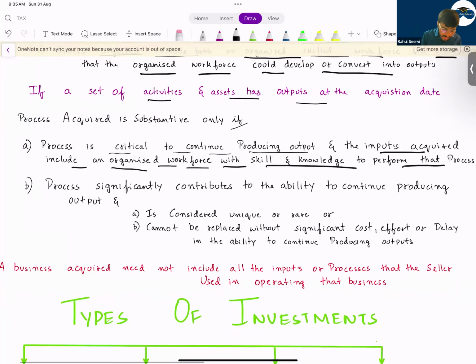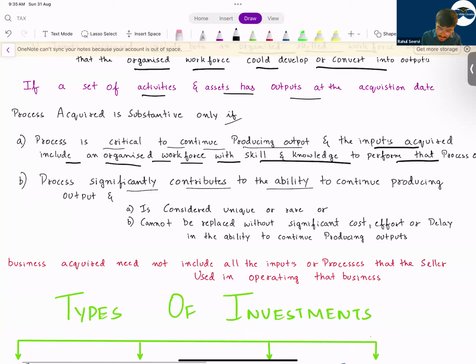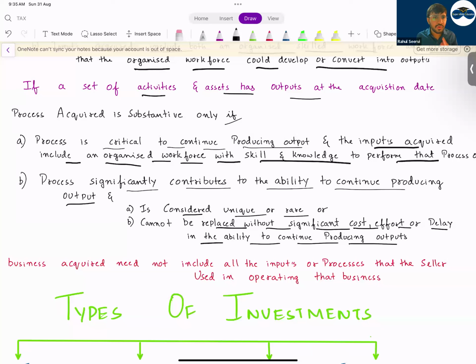Now, the other way around: the process significantly contributes to the ability to continue producing output and is considered unique or rare, or cannot be replaced without significant cost, effort, or delays in the ability to continue producing output. In this case, if you do not have a skilled workforce, no issue.